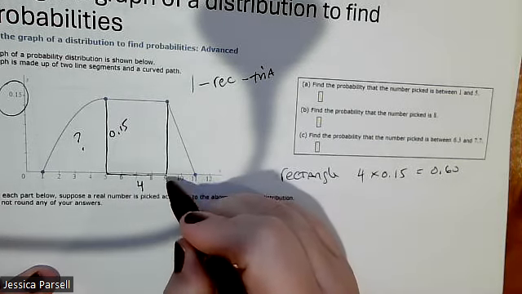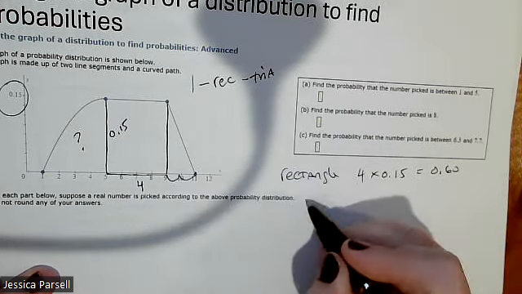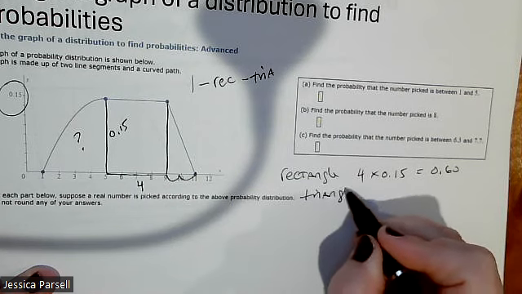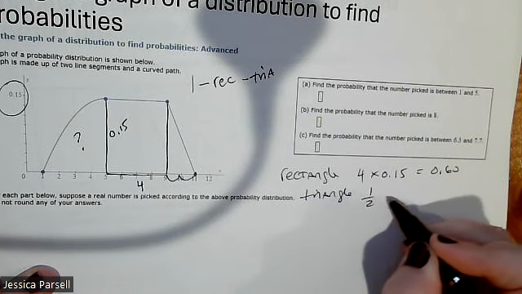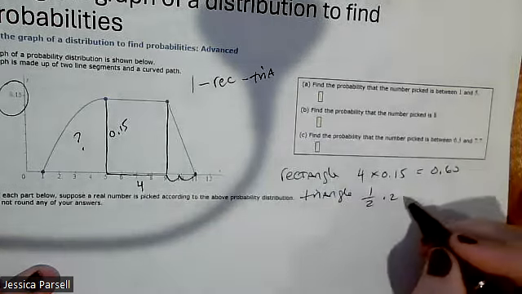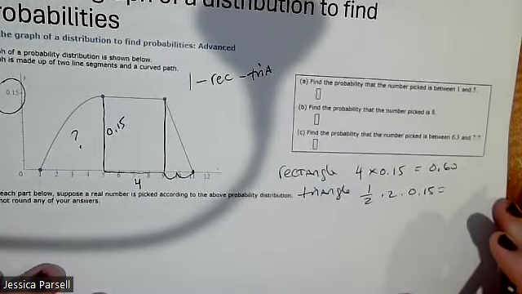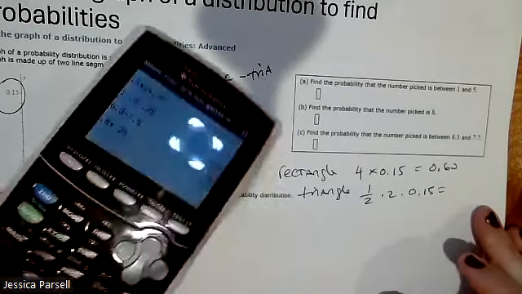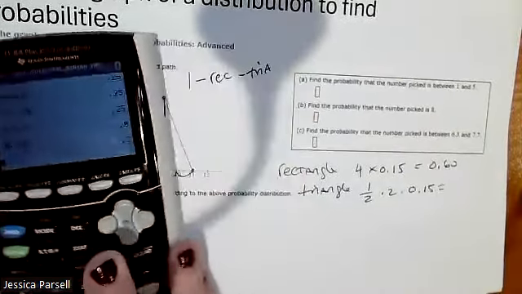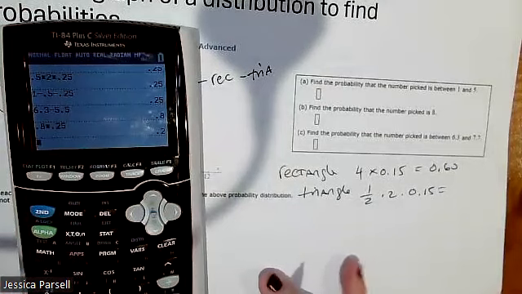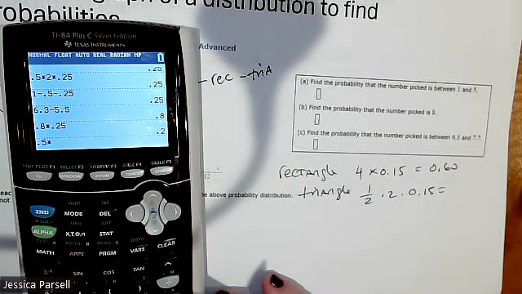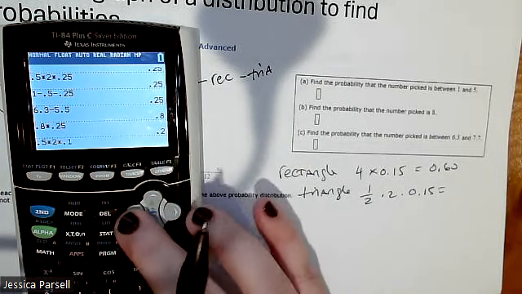This triangle has a base of 2. It's going to be 1/2 times 2 times the height of 0.15. So let's see here. Ooh, it's quite a glare there. So I'm going to go 0.5 times 2 times 0.15.